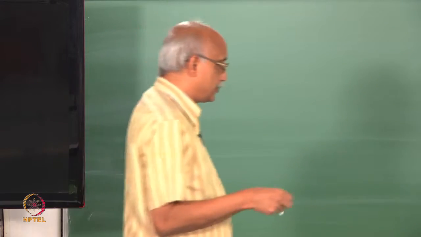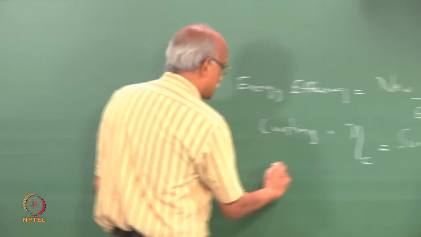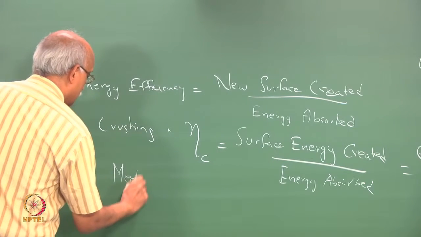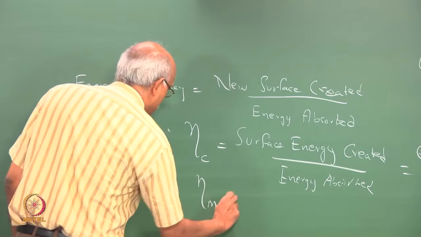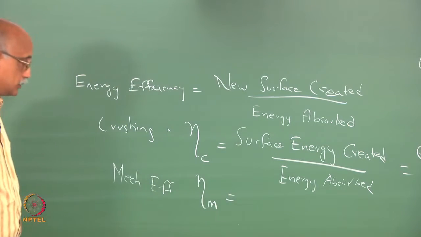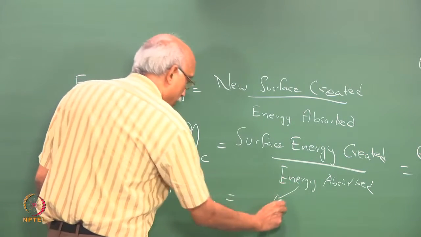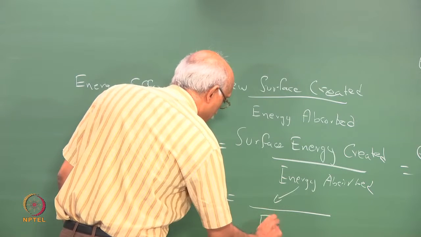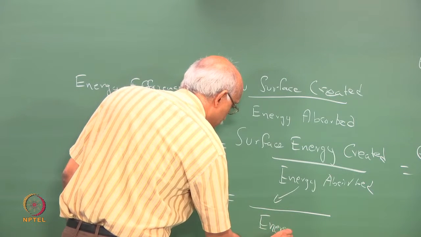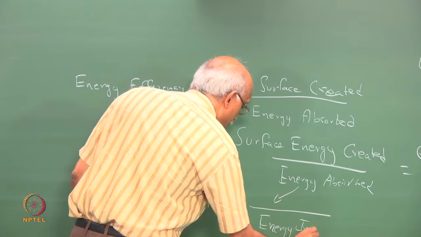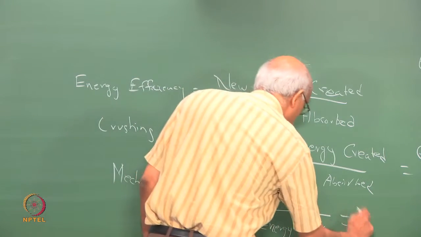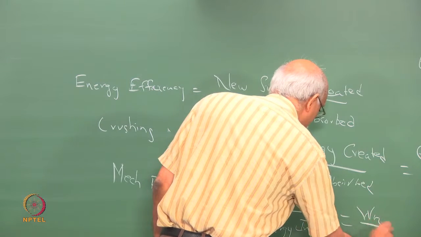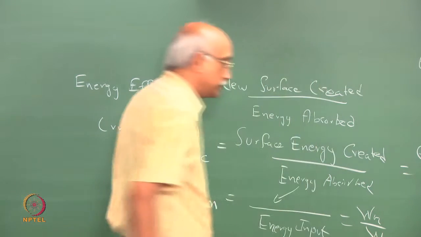But there is a second efficiency called the mechanical efficiency. It is called eta m, which is equal to this energy absorbed divided by energy input or energy supplied. So, this is Wn over W.